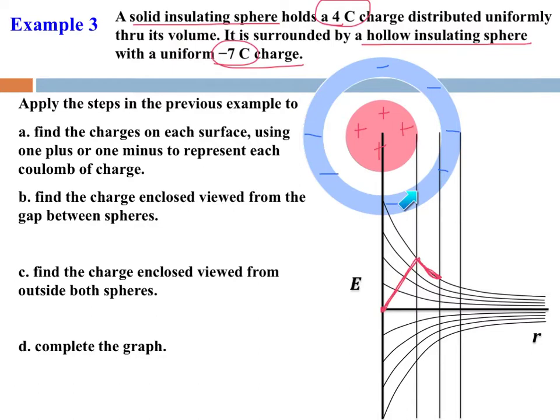So as we include more and more negative charge, the overall or net charge starts to decrease. And at a certain point, it will actually be 0. So again, our net charge is going to start decreasing. It'll actually be 0 at some point. And then once we get to the outer edge, our net charge enclosed is going to be a -3. So this is going to go down all the way to -3.